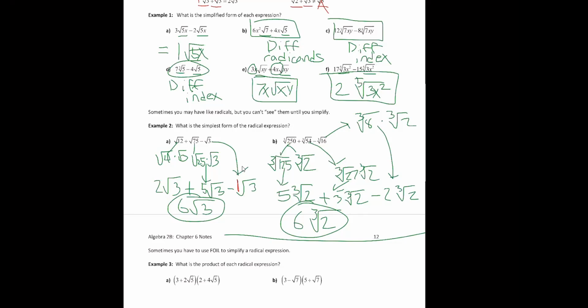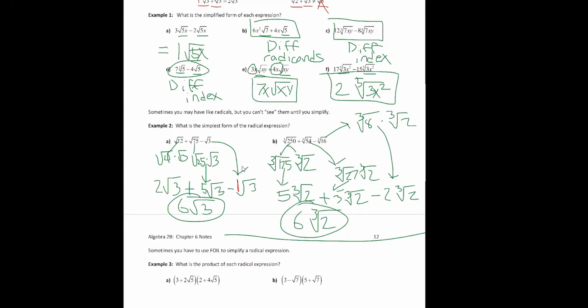You don't mess with anything with your radical when you're adding or subtracting. That's how addition and subtraction works. It's very different than multiplication and division, where you just multiply what's underneath. You don't really care what it is. So definitely a big difference between the different operations here.